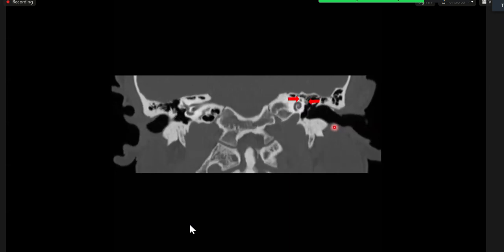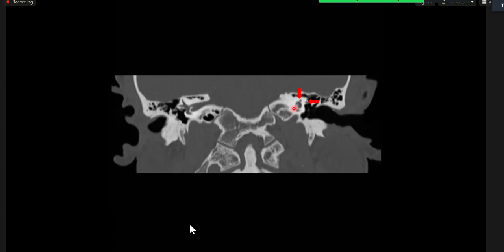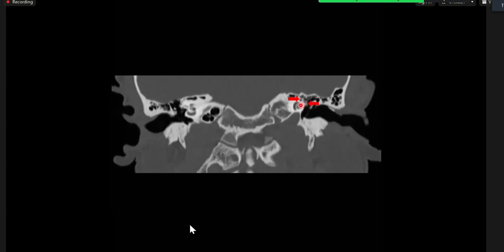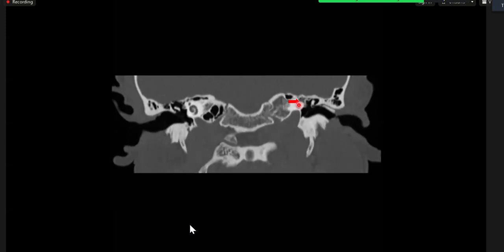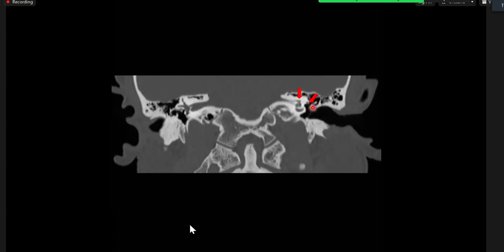Let me trace it. So I come back. From the internal auditory canal, this is the labyrinthine portion. This is the medial eye. This is the lateral eye. It goes anteriorly, and here is the geniculate ganglion. From there, it turns 90 degrees backwards, and this dot here is the tympanic portion.